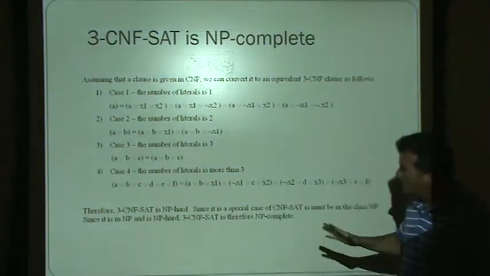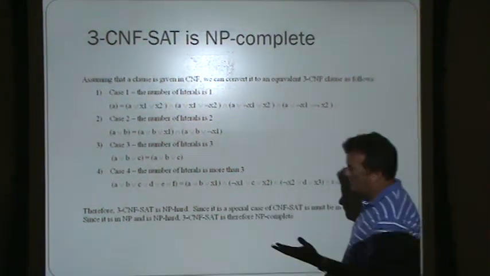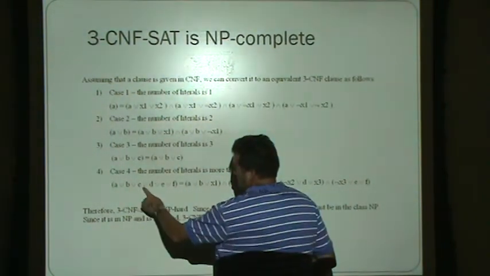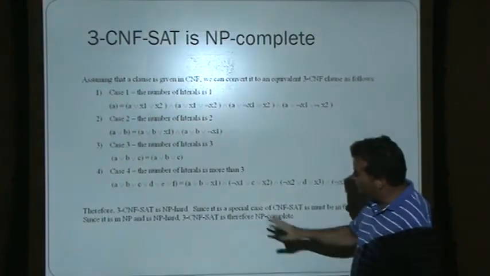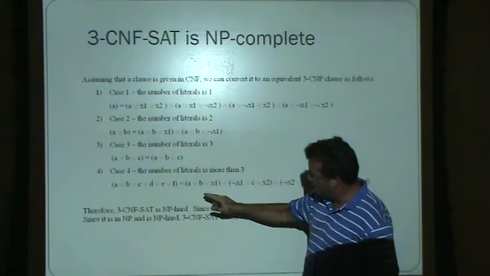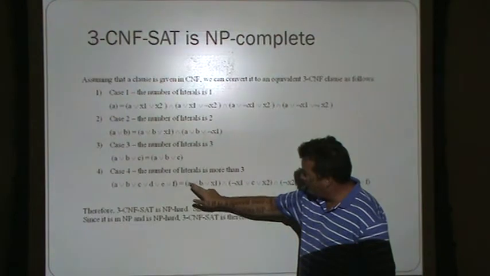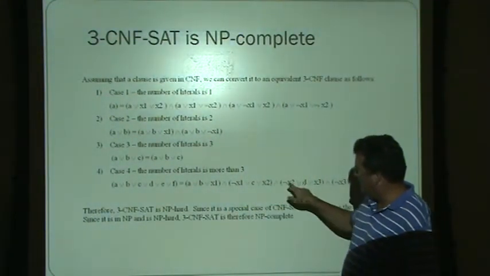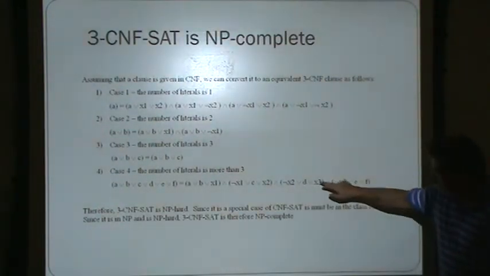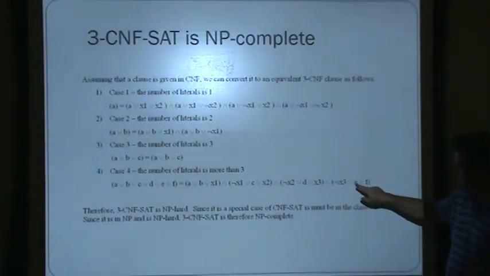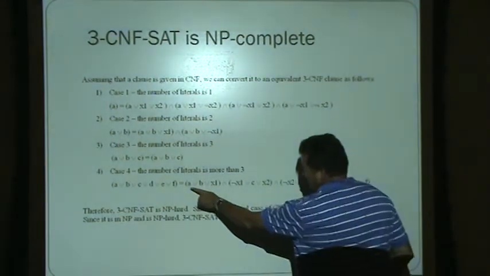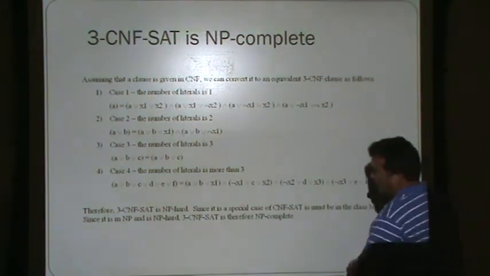If you had a gate in your original problem that had 3 inputs, we write that exactly as it is. And if we have more than 3 inputs, let's say for example, we had 6 inputs, 1, 2, 3, 4, 5, 6. We could do the equivalent conjunctive normal form by saying we have A, B, and x1, and then the not of x1, C, and x2, and the not of x2, D, and x3, the not of x3, and then E and F. Whatever values we assign to x1, x2, x3, x4, this piece here will take on the same value of this.